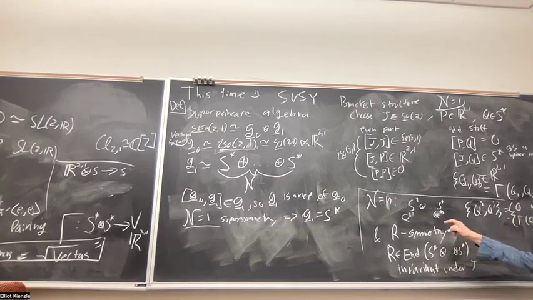So this is a symmetry, but it's not an explicit part of the supersymmetry algebra, I think. It's a little unclear. But basically, we get that our Q is an element of the odd part again.